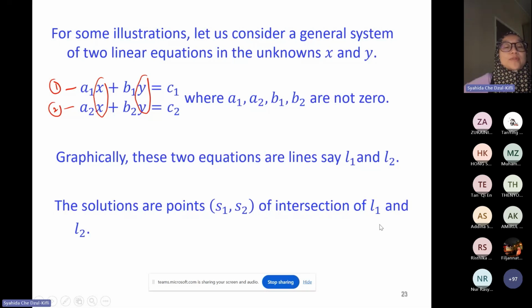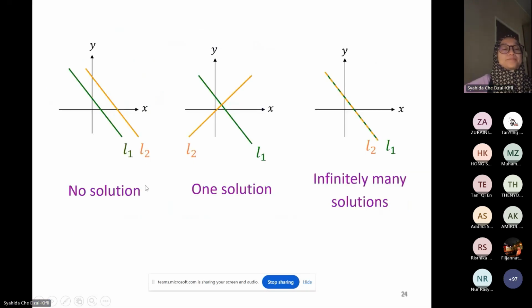So there are three possibilities. The first possibility is L1 and L2 are parallel, so there is no intersection, therefore no solution.